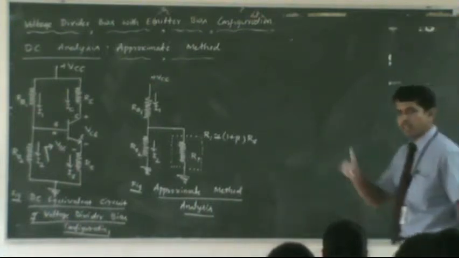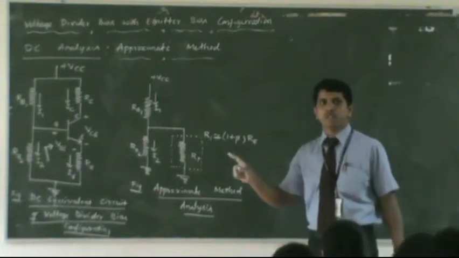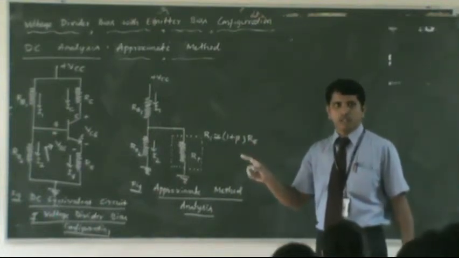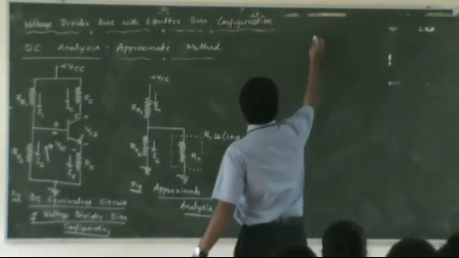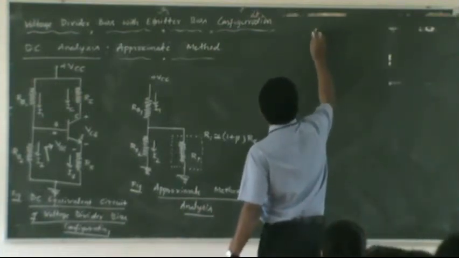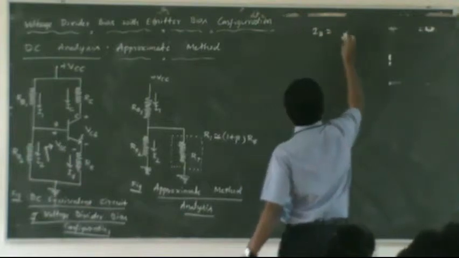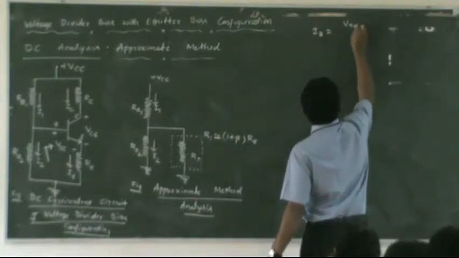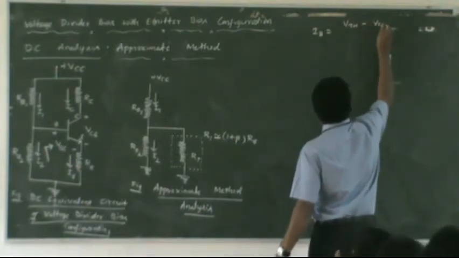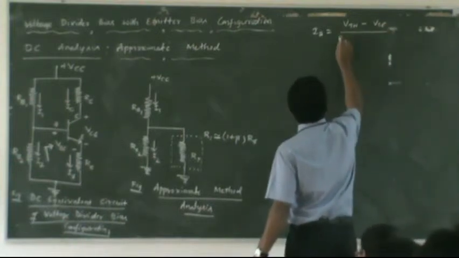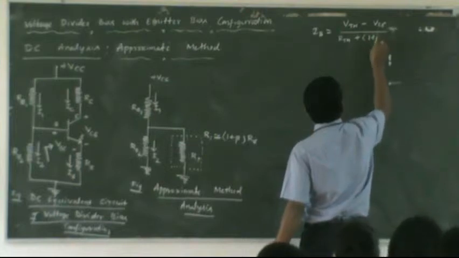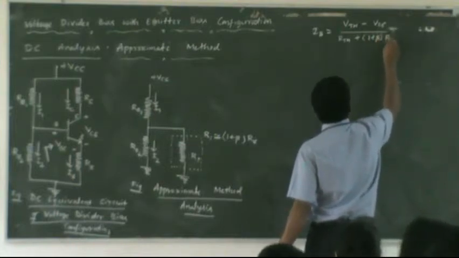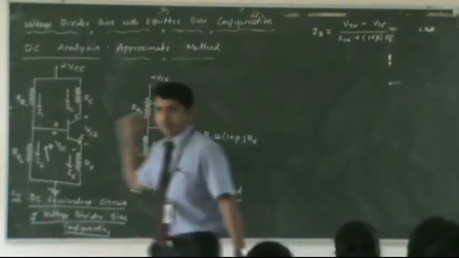There you will see R Thevenin plus 1 plus beta times RE. In the numerator there is the supply voltage. So the expression for IB is V Thevenin minus VBE divided by R Thevenin plus 1 plus beta times RE. The same expression.